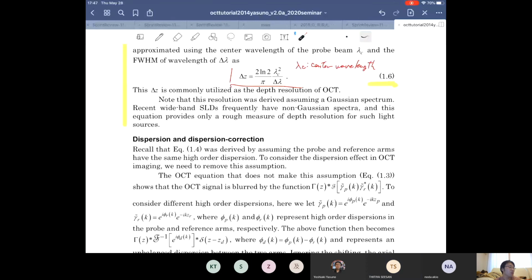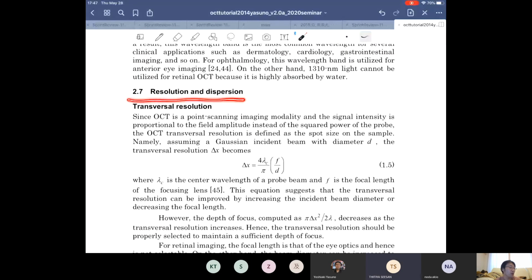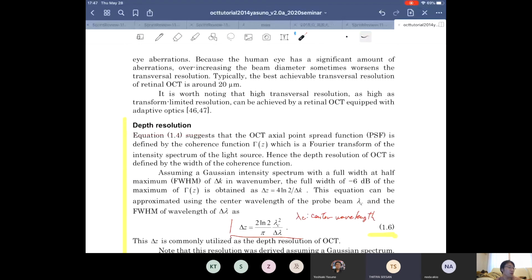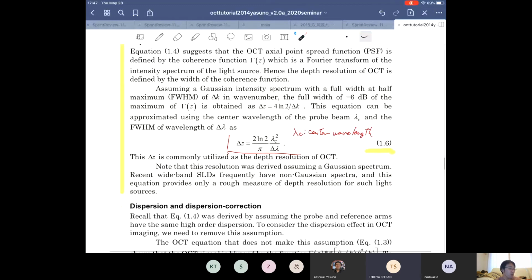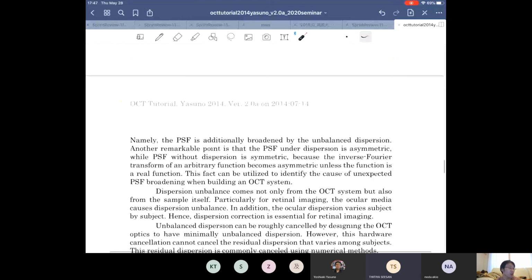The resolution discussion is not that difficult, kind of straightforward. It is important, but not that difficult. But dispersion correction is a little bit hard to understand.